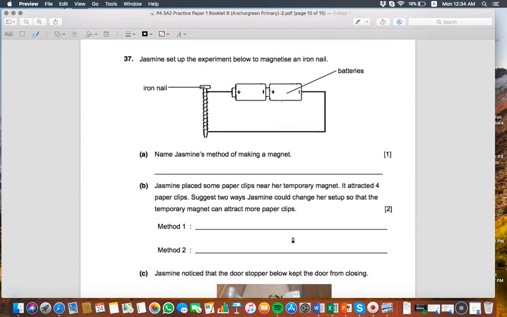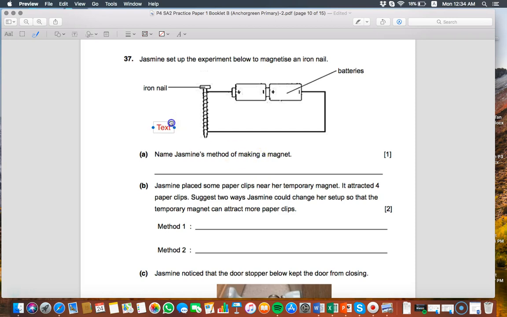Jasmine set up the experiment below to magnetize an iron nail. So this setup is actually using electricity to convert a magnetic object like an iron nail into a magnet. So we mentioned in our previous lesson that this method of using electricity to make a magnet is temporary.